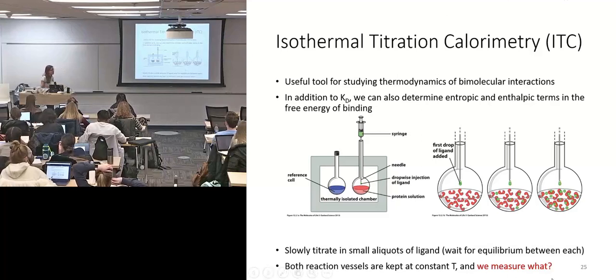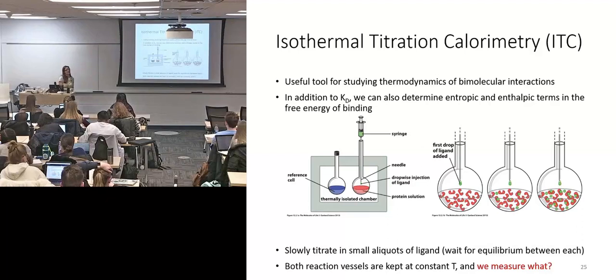So what am I actually measuring here off of this instrument? What do I have to do to keep the temperature the same between these two things when the ligand binds to the protein? Is there heat transfer?